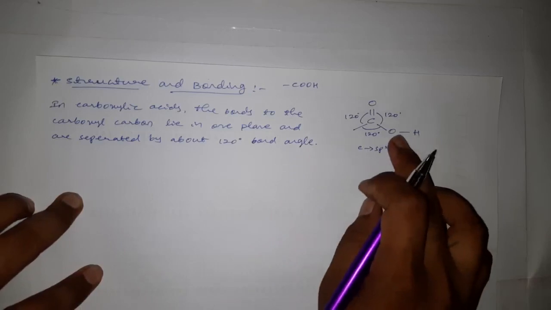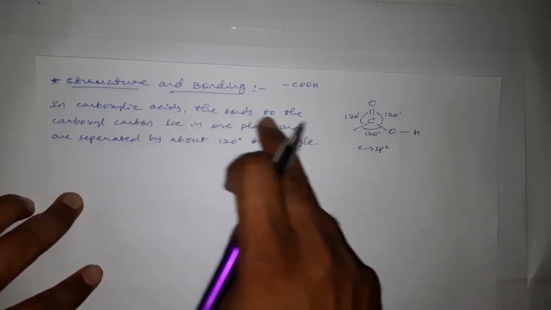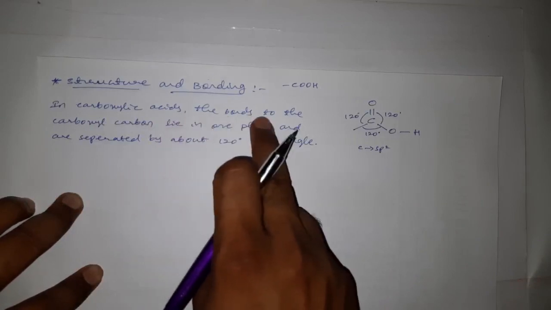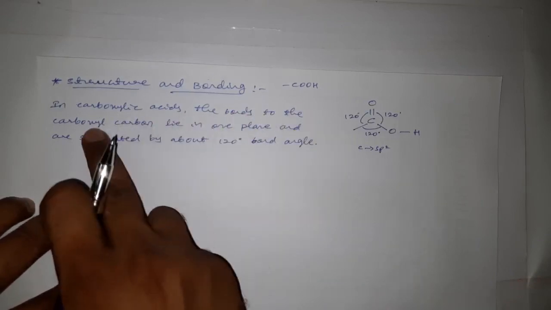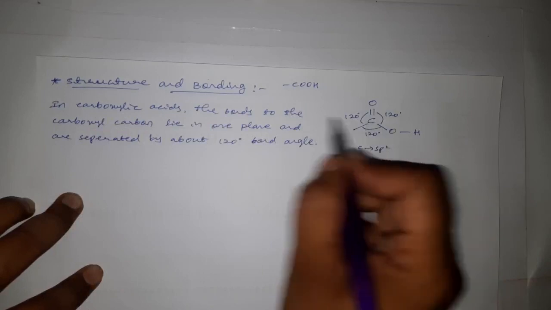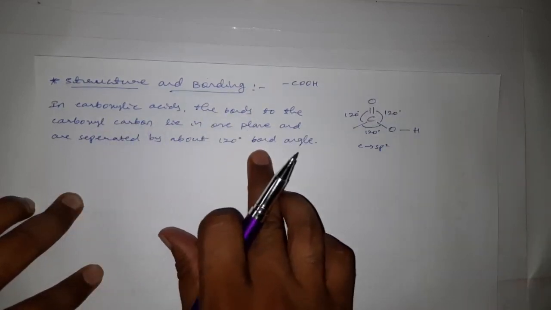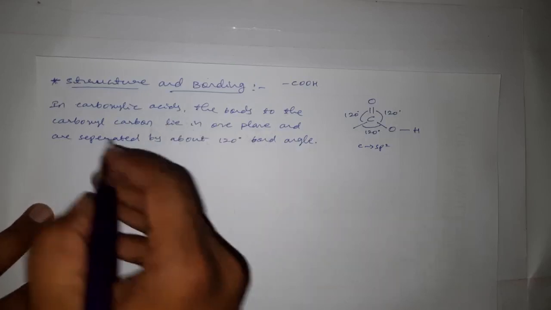Students, what I have explained, that only I am writing here. In carboxylic acids, the bonds to the carboxyl carbon, meaning this carbon, lie in one plane and are separated by about 120 degree bond angle.